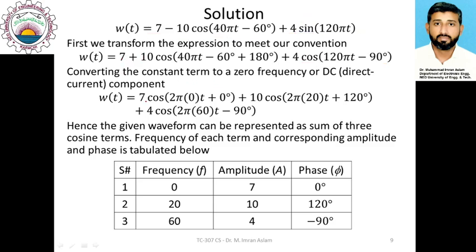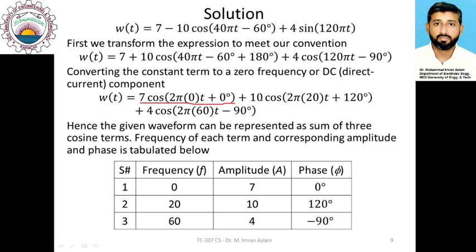So I can represent this constant 7 as a sinusoidal function which has a zero frequency: 2 pi into 0, where 0 is the frequency, plus it does not have any phase, so it has a phase of 0 degree. Of course, eventually when you calculate this, 0 plus 0 becomes 0, and cos 0 is 1, so you will end up with the constant number 7. However, this representation makes it consistent with the other terms.